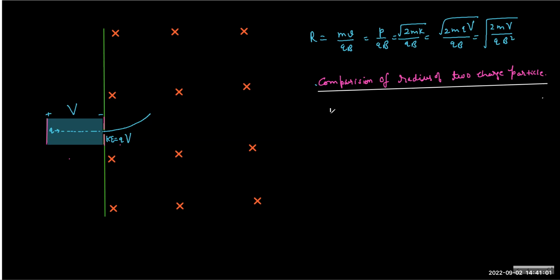So we can say R1, we'll take case one: if both charged particles are given the same velocity.